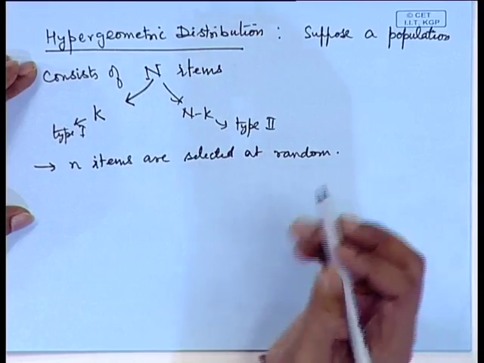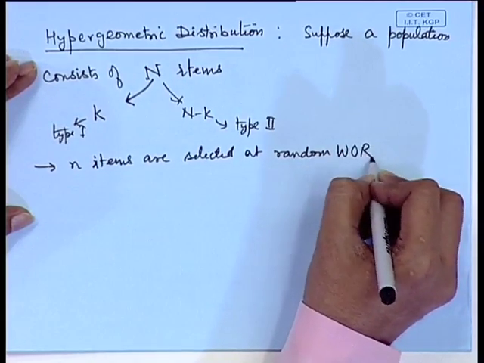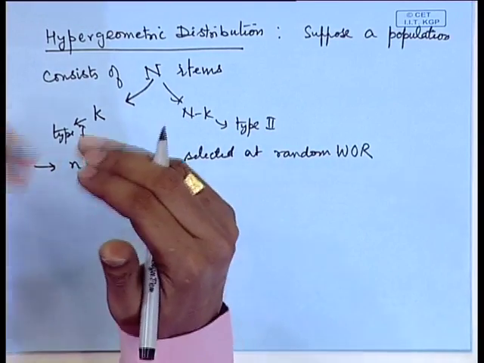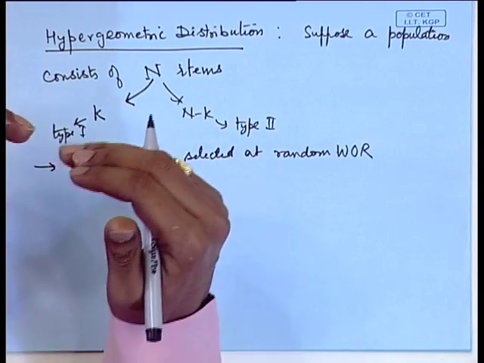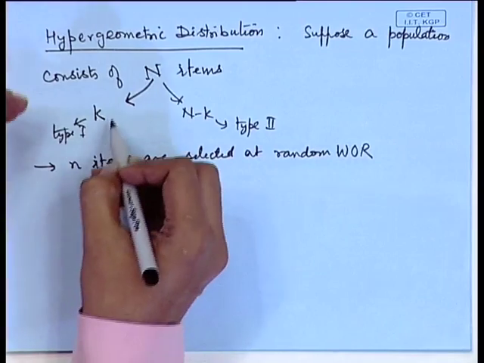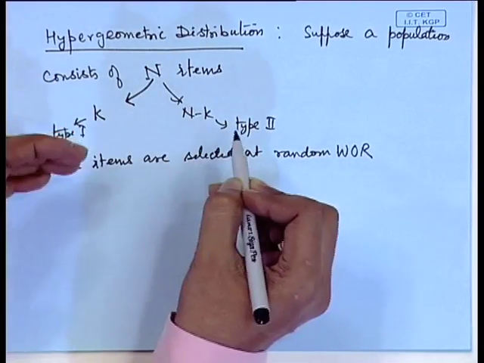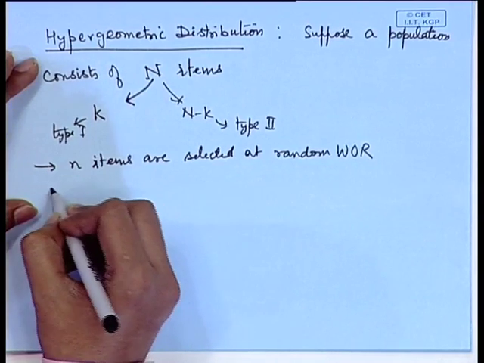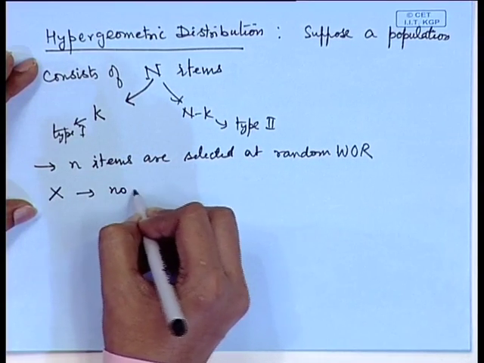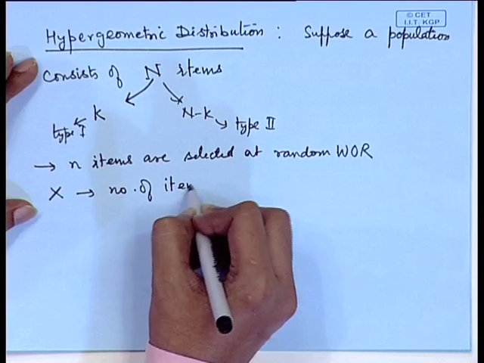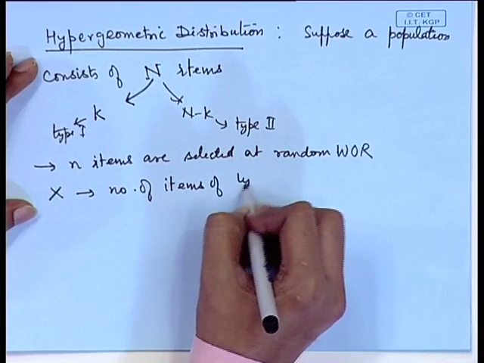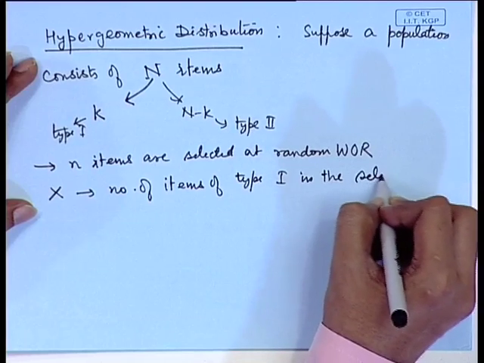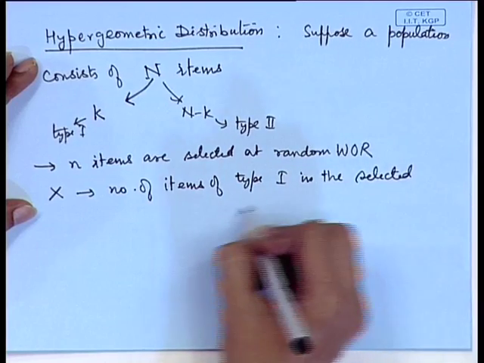However, here we do it without replacement, that means one is taken and then it is not kept back. So, the probability of selecting an item of type 1 or type 2 changes at the next stage. So, x is the number of items of type 1 in the selected sample.